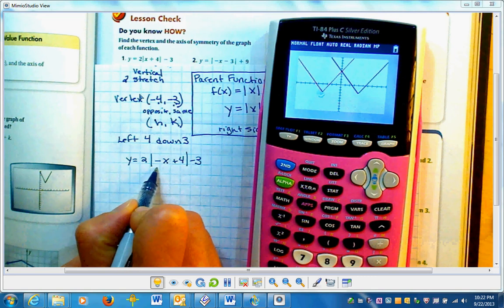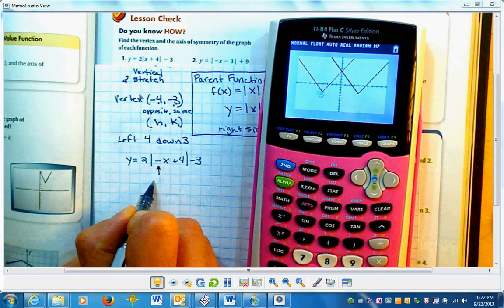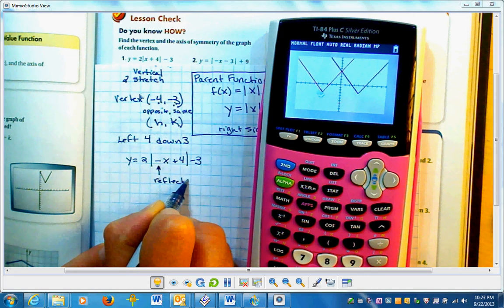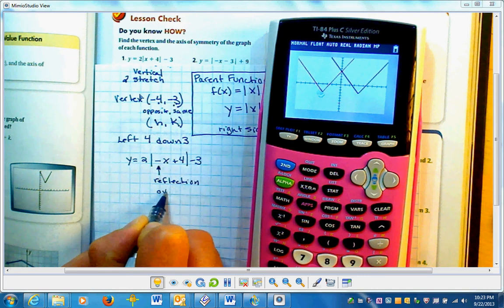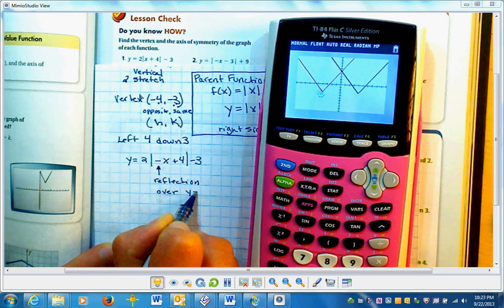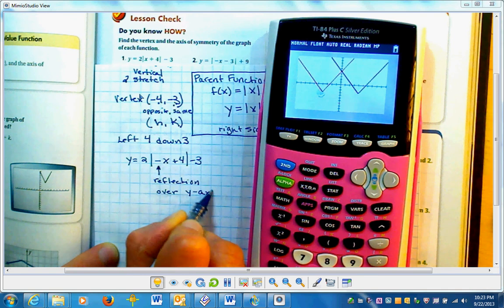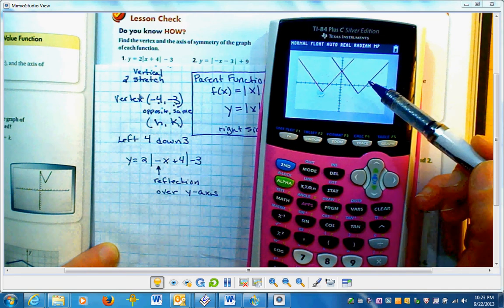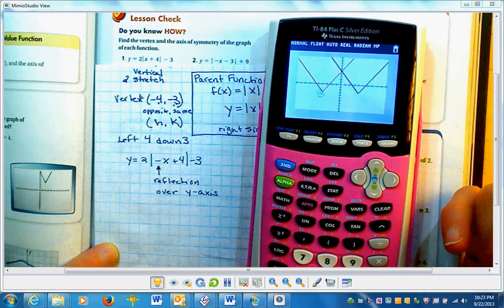So this negative, when it's inside in front of the x, actually does what's called a reflection over the y-axis. It's as if I took this v and I flipped it and it comes on this side.